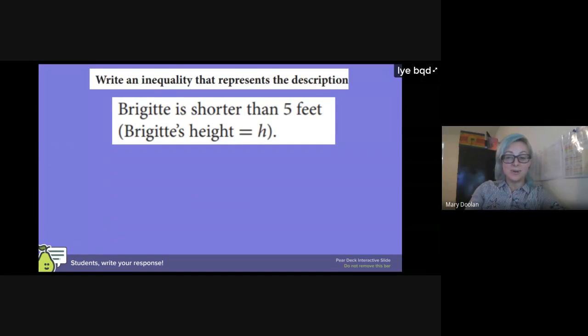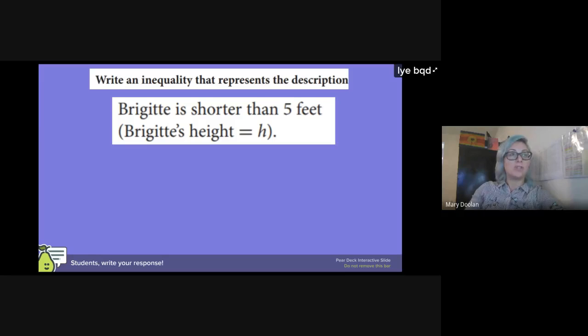The less than or greater than symbol is next to the M and the question mark. So you're using the variable h, one of those two symbols, and the number 5. Bridget is shorter than 5 feet. Her height is h.